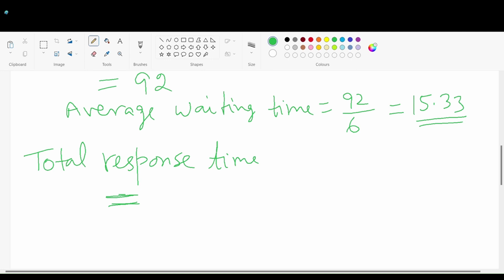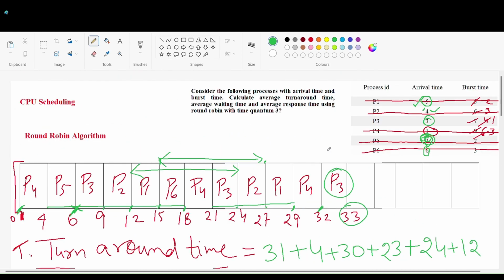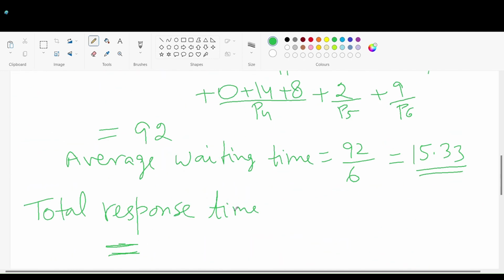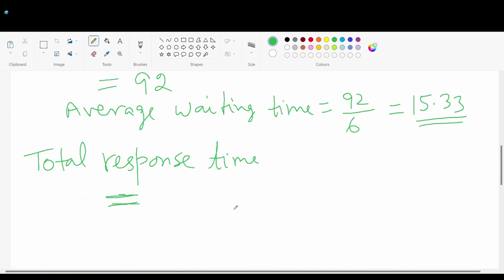From entry to first response is called response time. For example, P1 enters the system at 5 and P1 starts the execution at 12. So 12 minus 5 is 7. So the response time for P1 is 7.